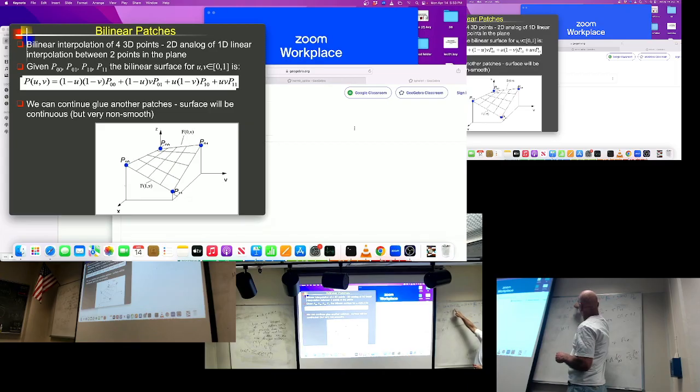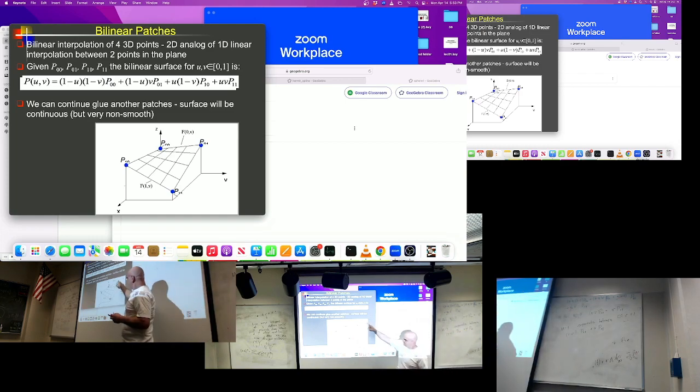Since u equals 1, this dies, and this dies, it got 1 minus v P10 plus v P11. What did I get? The other segment.